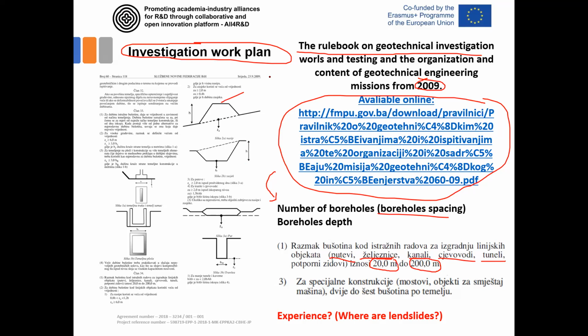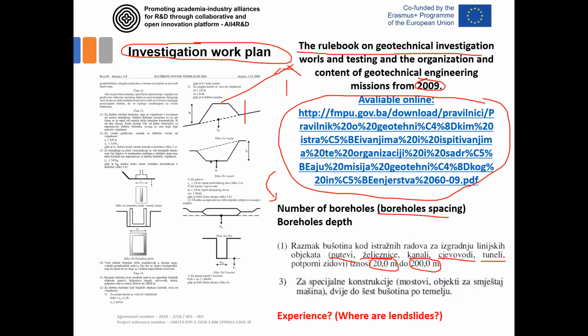That means if you have an embankment that is 200 meters long, then you should perform one borehole at the start, one borehole at the end, and you'll have 200-meter spacing of the boreholes.